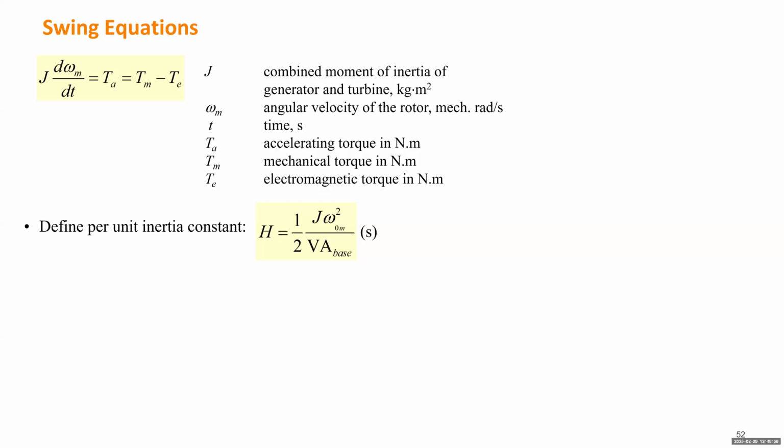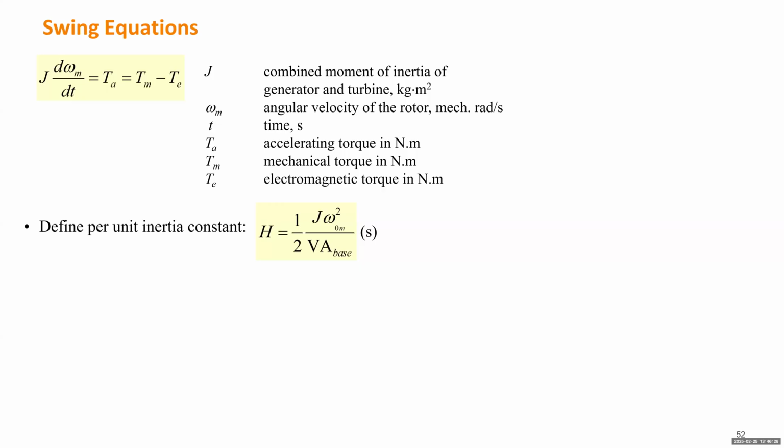For the convenience of representing the swing equation, usually we introduce an inertia constant for the generator. The inertia constant has a unit of seconds, and is defined as the kinetic energy of the generator when operated at nominal condition divided by the three-phase base power.